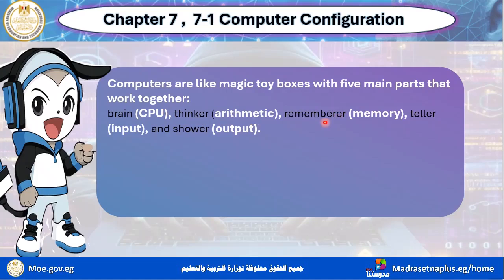And the rememberer, which is the memory that can store things and remember things in this box. And of course, we have the teller, which is the input, and the shower, which is the output. So these are the 5 major parts of a computer: CPU, arithmetic, memory, input, and output.